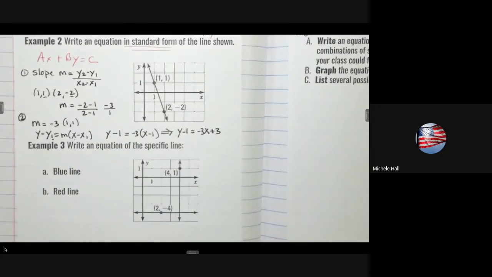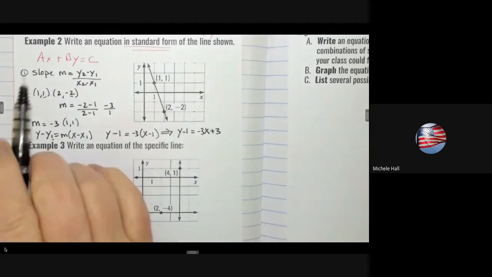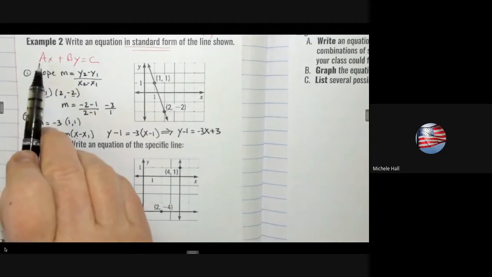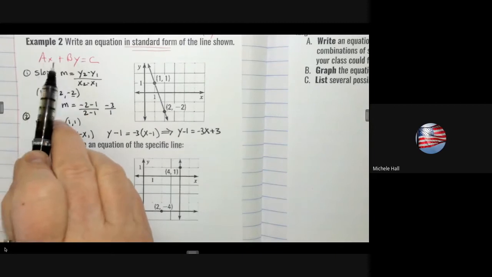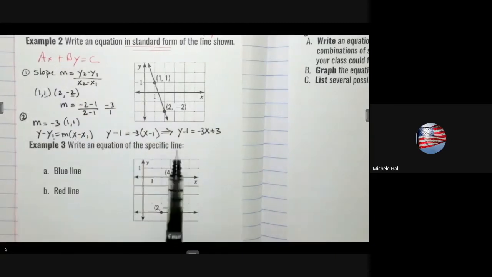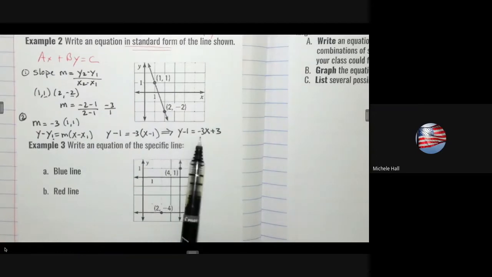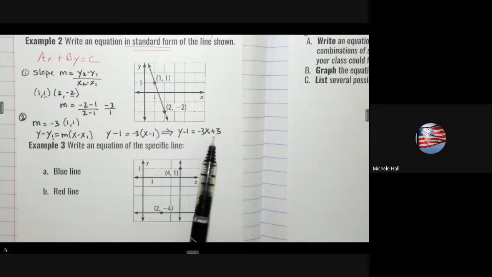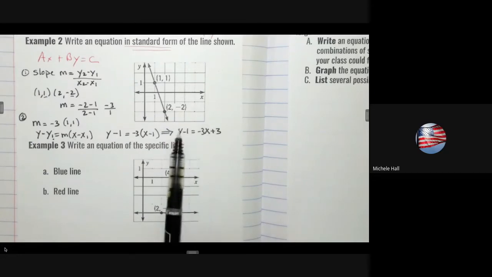So I need to think about standard form and how my a value needs to be positive. Looking at my x term, and I need that coefficient to be positive. So I look at my equation here. Is my a positive? It is not. That means I would like to put my negative 3x on the left-hand side to make it a positive 3x.